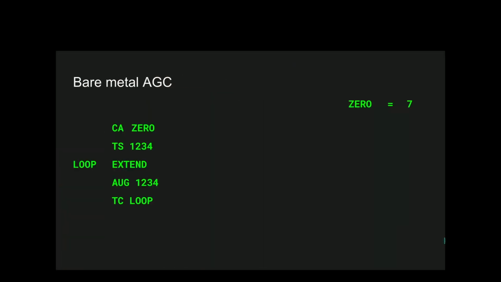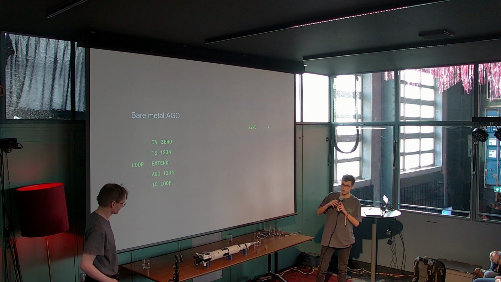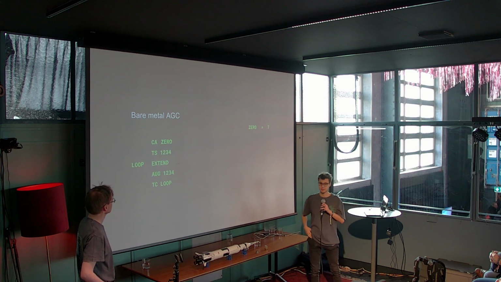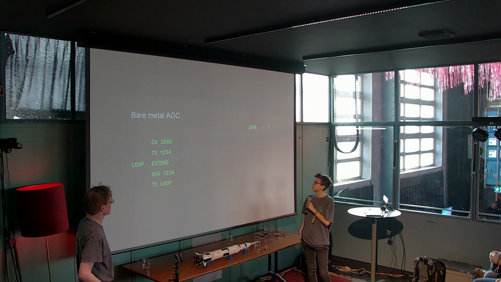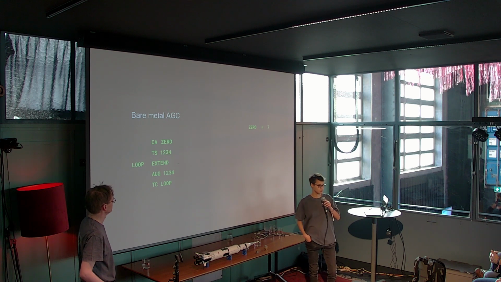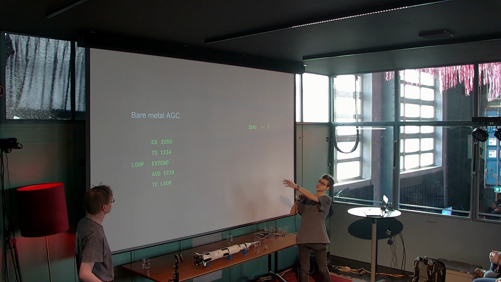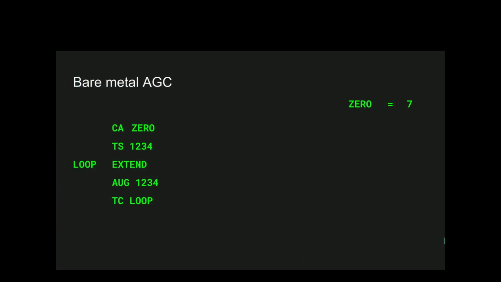So we then came up with a program that simply counts up from 0. We have a magical register that is located in the octal number 7, and it is hardwired to 15 bits of zeros. So first step, we clear the accumulator.